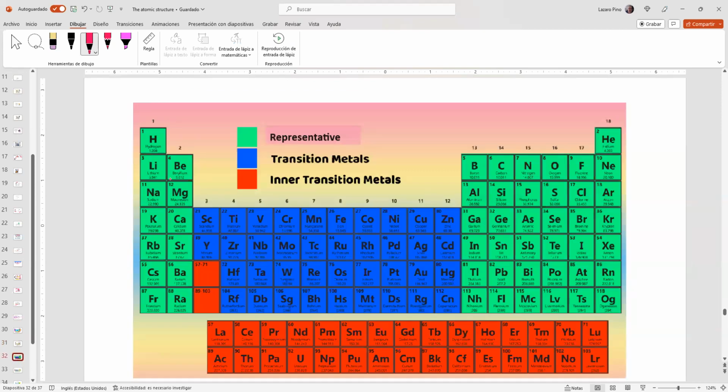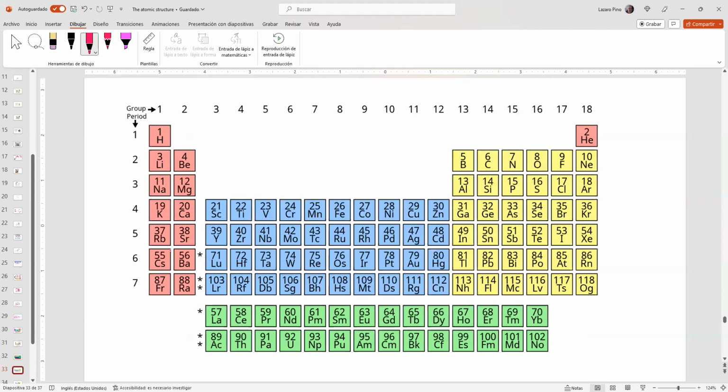And as I told you, the green ones are representative, the blue ones are the transition metals, and the red ones are the inner transition metals. The groups are the columns, and the periods are the rows. Then here we have period 1, period 2, period 3, 4, until 7. And the groups are from 1 to 18.